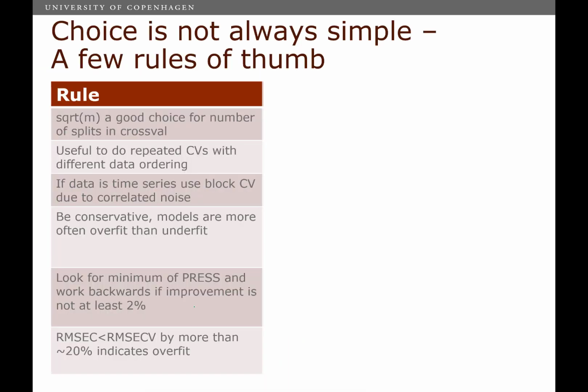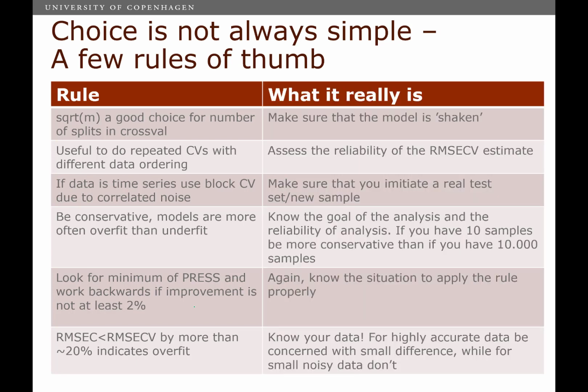Okay, I just want to mention some rules of thumb that are often seen in the literature in different ways, and I want to explain them, but then I also want to explain what the reality behind them is. Quite often you see that people suggest using the square root of the number of samples as the number of splits in your cross-validation.